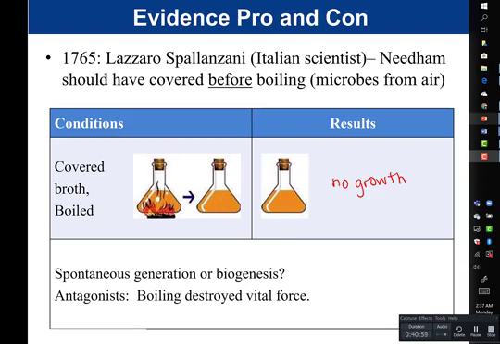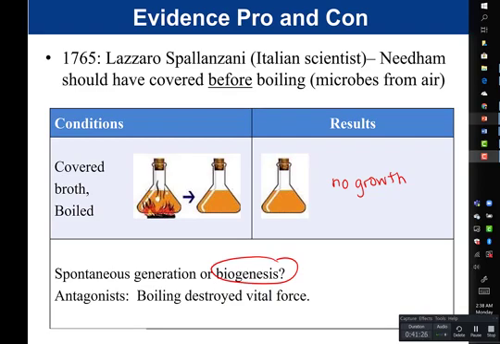So is this experiment in support of spontaneous generation or biogenesis? Answer is it's in support of biogenesis. Life comes from life. So he argued that by doing the experiment this way, that is why you didn't see anything growing, because nothing could fall in, which shows that life only comes from life.